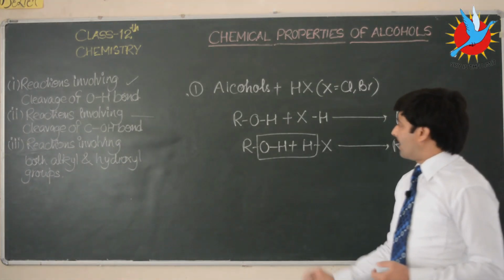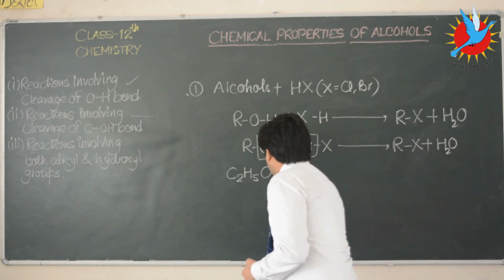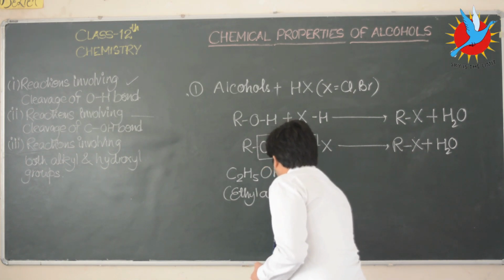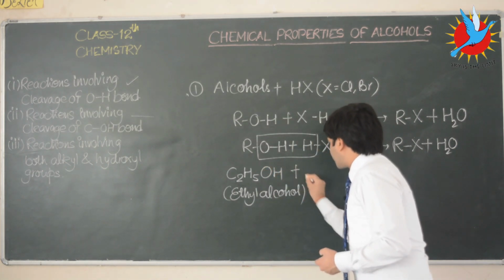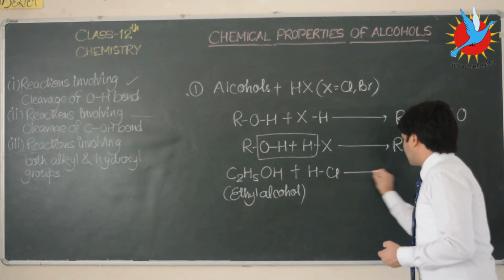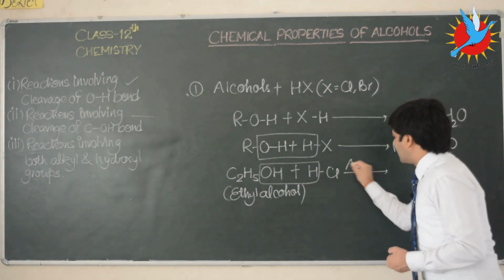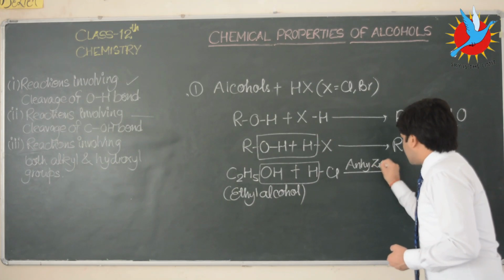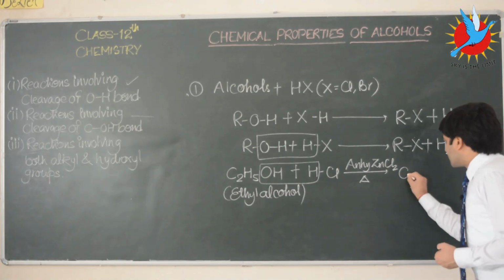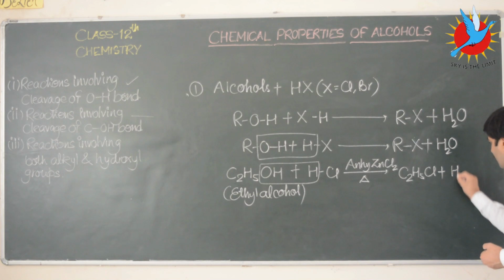So let's take the example of ethyl alcohol, C2H5OH. Ethyl alcohol, upon reaction with HCl, hydrogen chloride, and this reaction takes place in the presence of anhydrous ZnCl2, and we have to heat this mixture, will form C2H5Cl, along with it water.